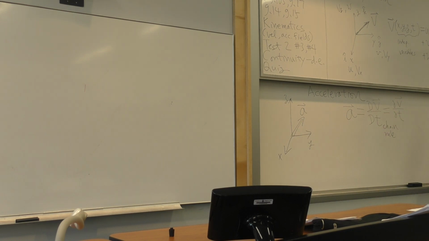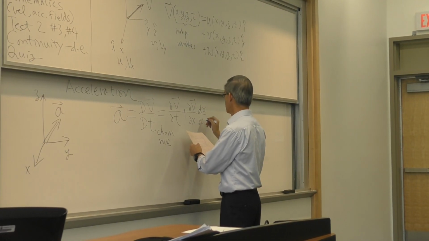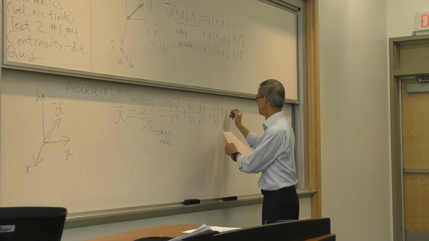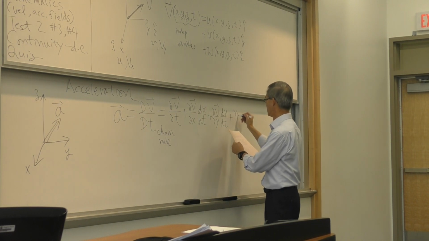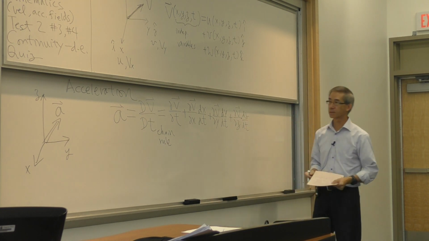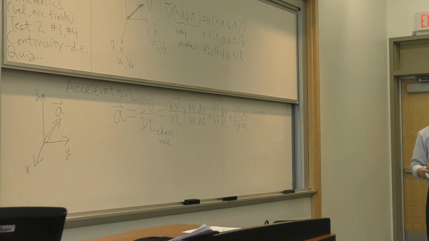Knowing that there are four independent variables, 3 coordinates and time t, the acceleration will have to be broken down by the chain rule so that I look at all possibilities of acceleration, both in time and in space. That is the consequence of the chain rule, where I take each of the independent variables. If you add them up, it gives you the same acceleration as we know it from the past.